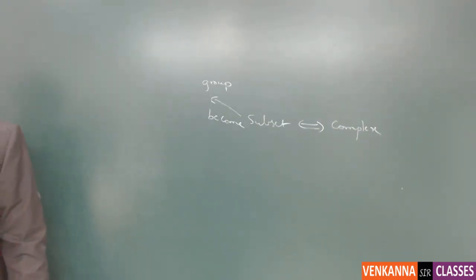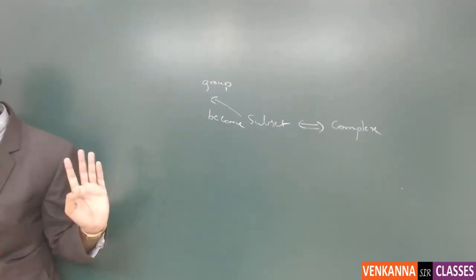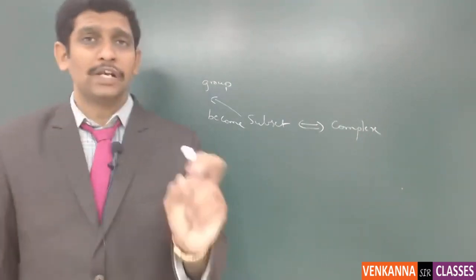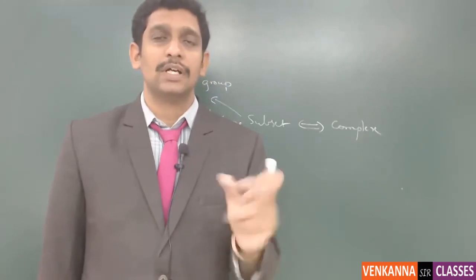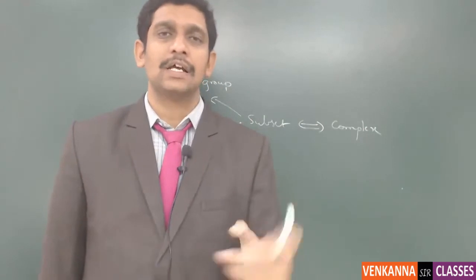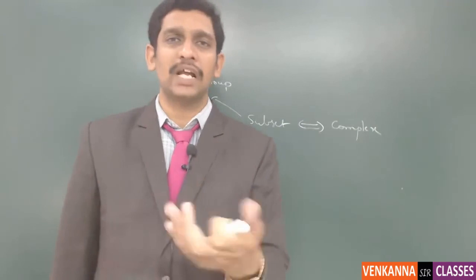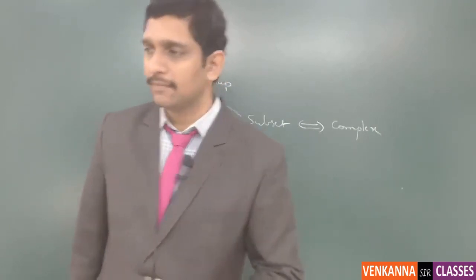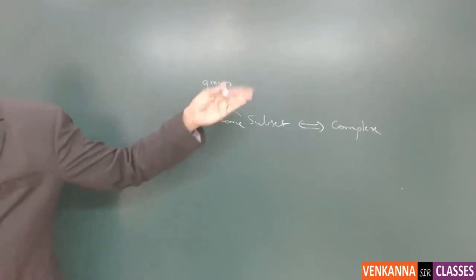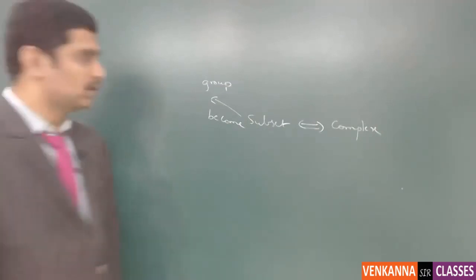Is that making sense? While reading some standard textbooks, some authors use the word subset as it is. Some authors will use the word complex in place of subset. There you will get confusion. What is meant by complex separately? So the non-empty subset that you are taking in a group, we are calling it with the other name complex. There is a technical word.